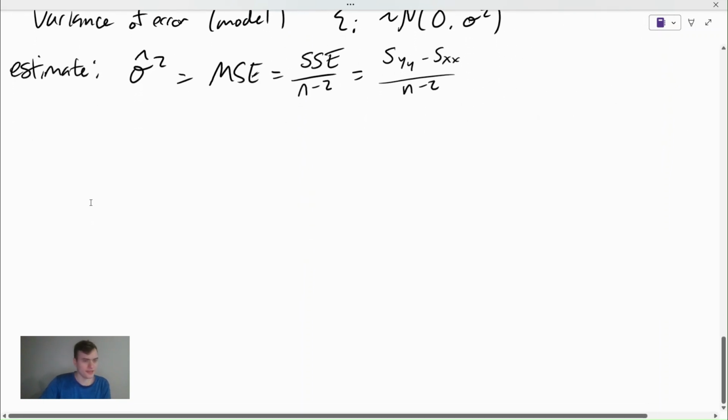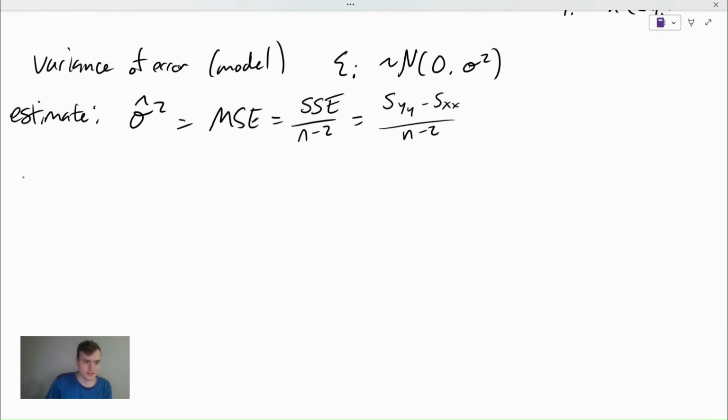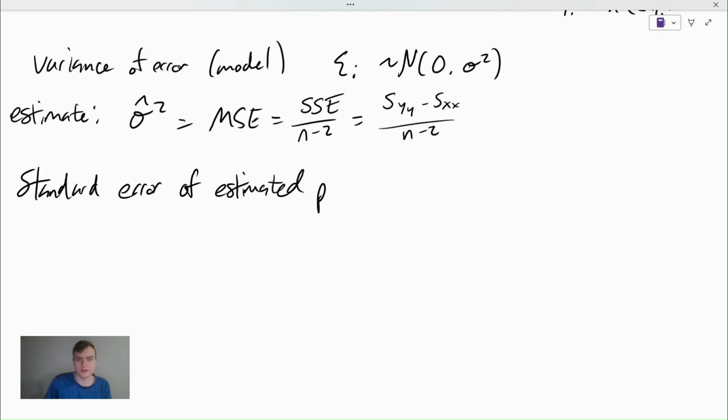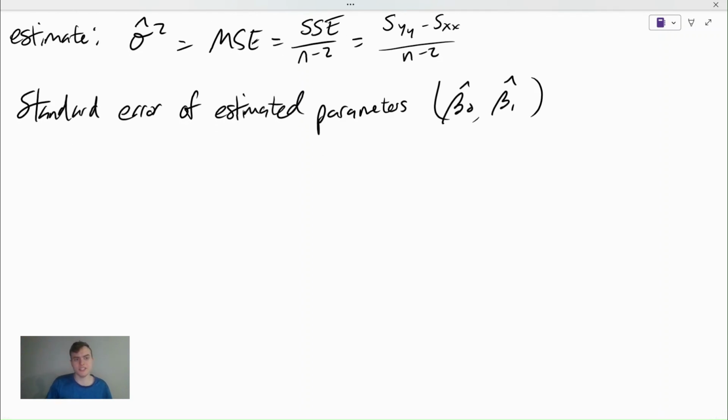And then after estimating the variance of error, we can look at the standard error of the estimated parameters, beta 0 hat, beta 1 hat, right? Those are what we call the estimated parameters. Our standard error is basically the standard deviation, the square root of variance of the estimate.